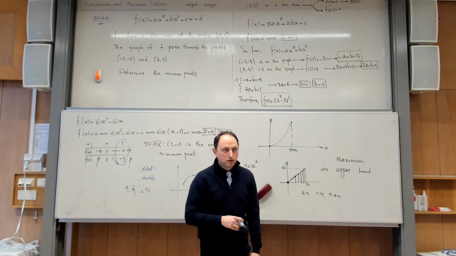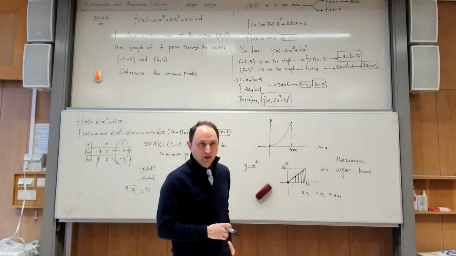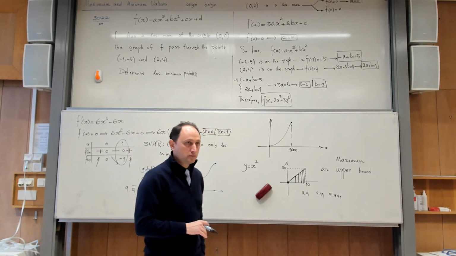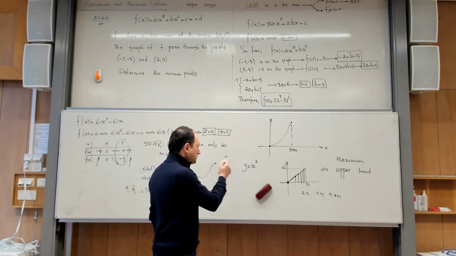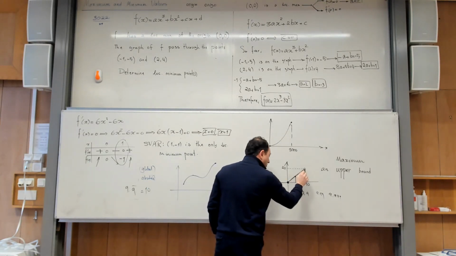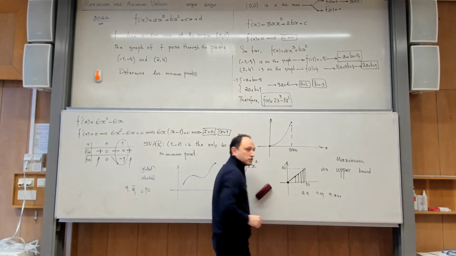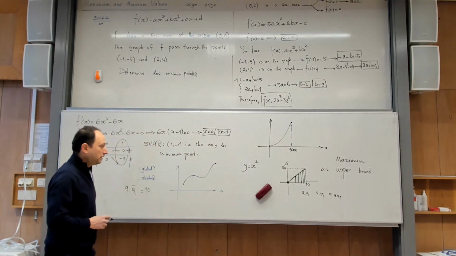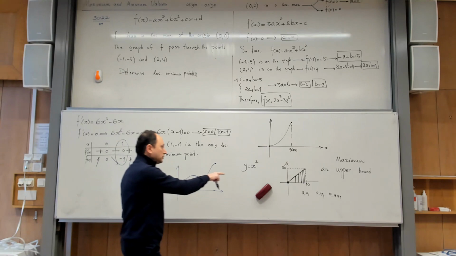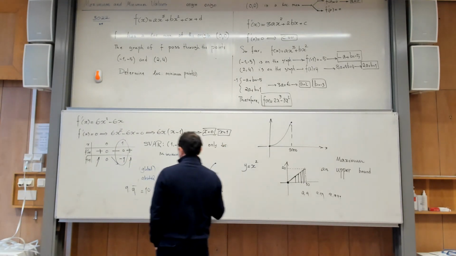That I want you to understand. So in this case, again, the function does not have any maximum. Is that clear? I want you to understand the message of the hollow and filled dots in this context. So the minimum value is 0, the maximum value does not exist.